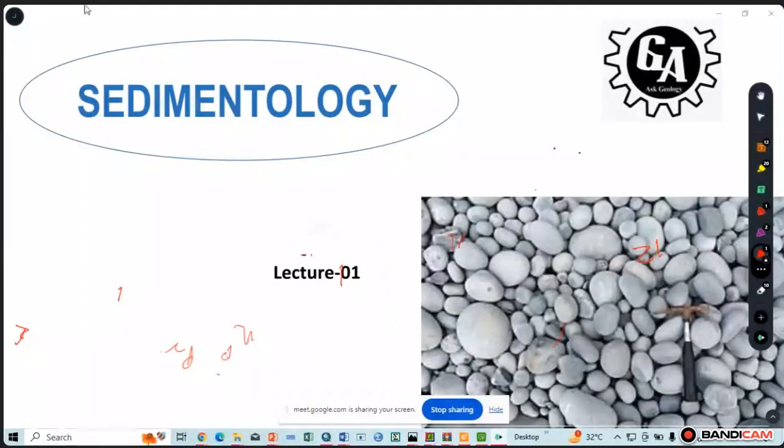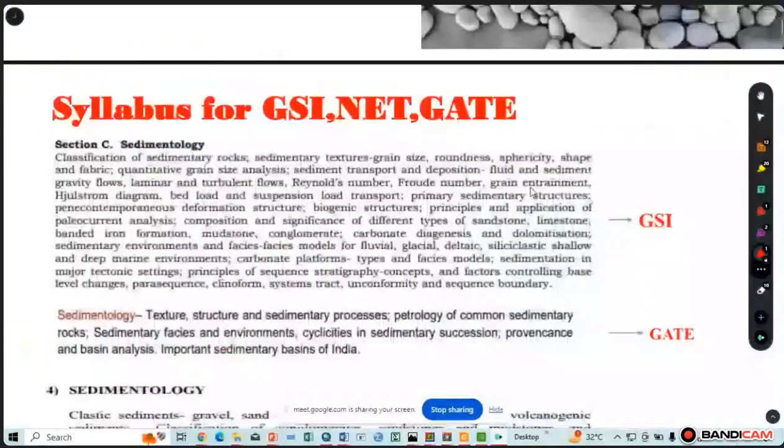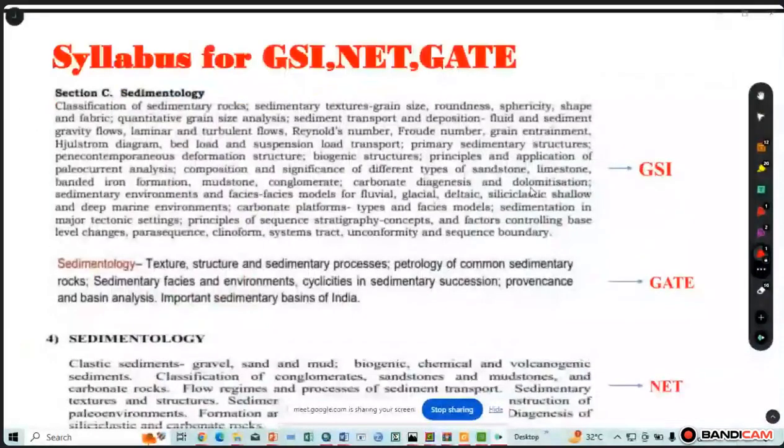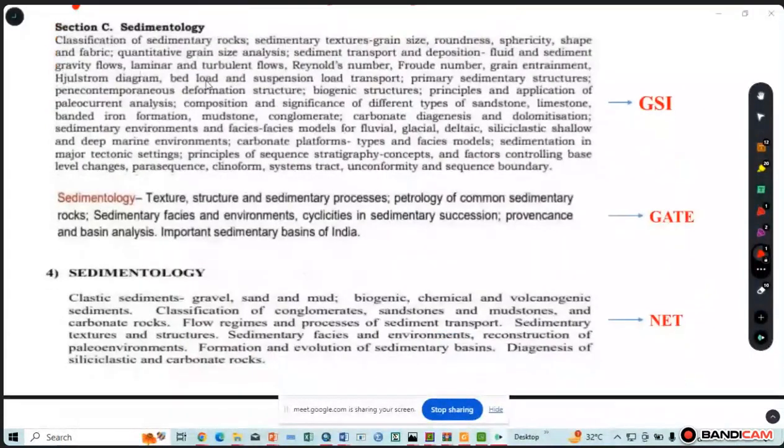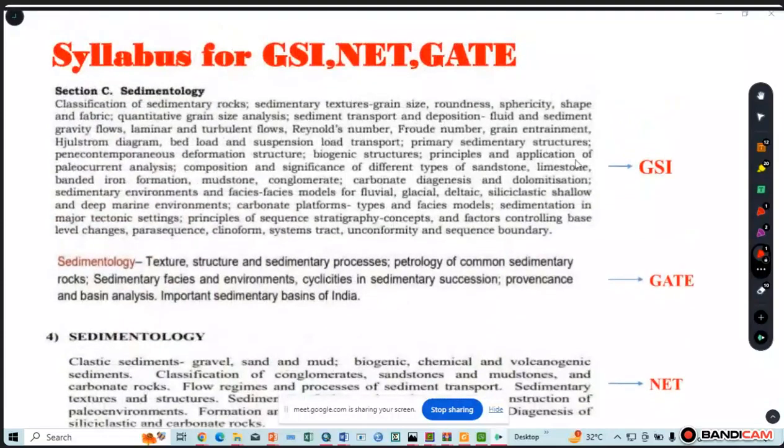Sedimentary rocks are very important for the study of the earth, during the deposition of coal and petroleum deposits. As you all know, in the syllabus for GSI, NET, and GATE, you can find the sedimentology syllabus. This is the GSI syllabus, this is the GATE syllabus, and these are the NET syllabus.